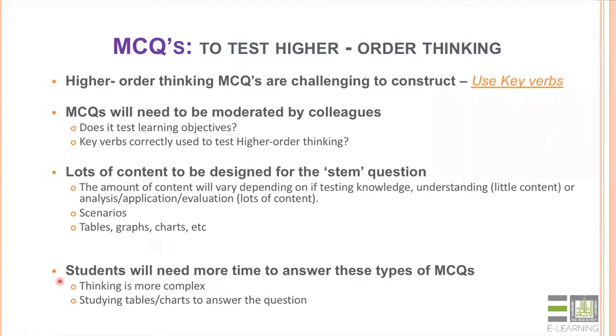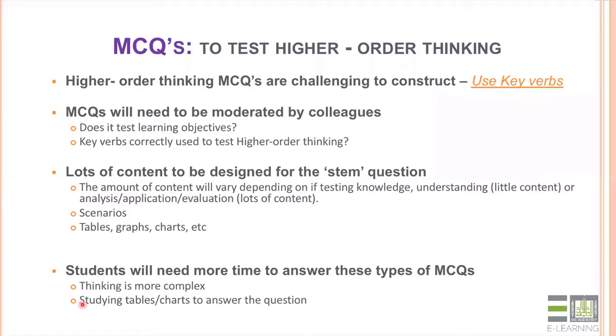So if your multiple choice question requires higher order thinking, if it's more complex in nature, if you're assessing some of the higher levels of Bloom's taxonomy, then you need to assign more time for the students to be able to read the question, understand the question, interpret the graph, interpret the data, apply their understanding, draw conclusions in order to answer the question and select their answer from the list of alternatives.